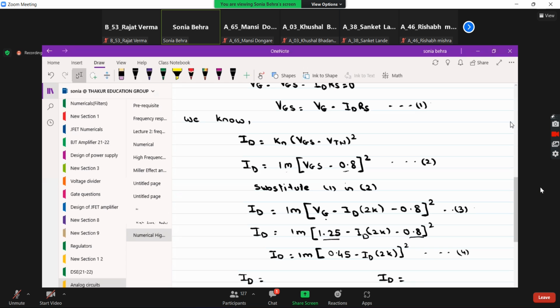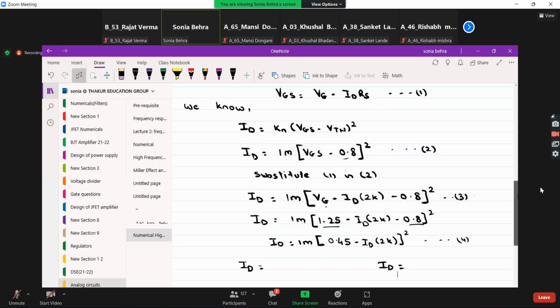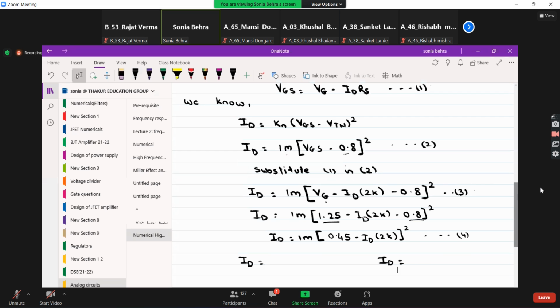Have you understood? Class, have you understood? Yes, ma'am. Quickly solve and give me ID. Give me the equation of ID. Give me the value of ID.